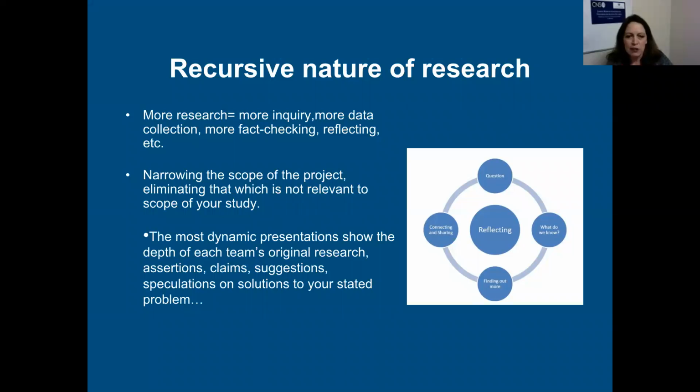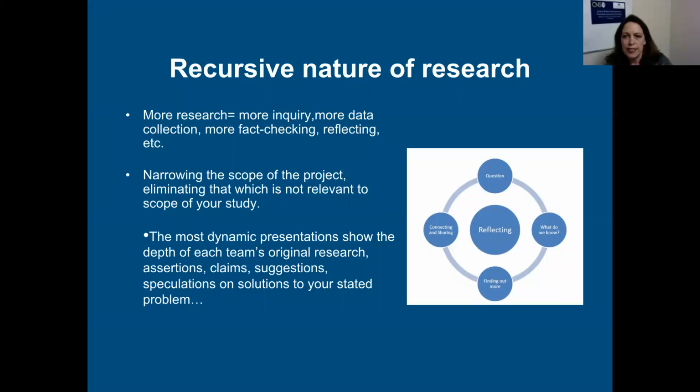And looking at suggestions from within the team, making it as dynamic and original as possible, questioning each other in a constructive way, right? One team member might have a speculation and then another team member might have something else. So continue the conversation within your groups and really have that time for reflection.